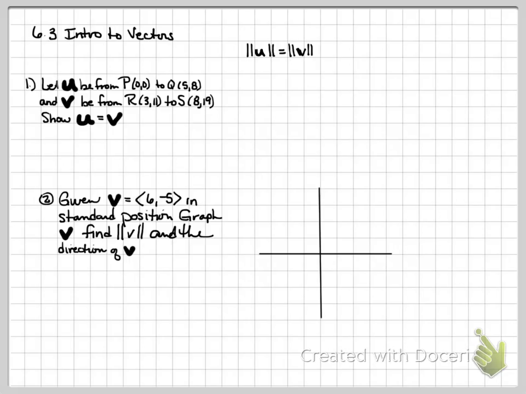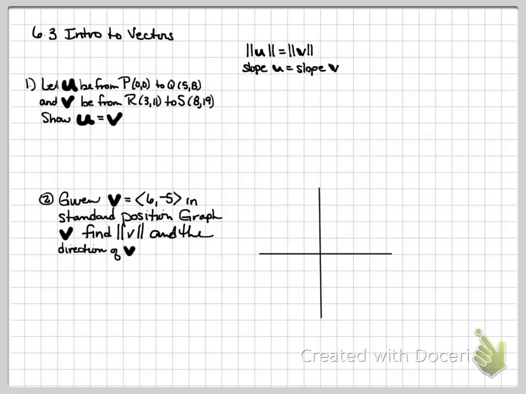So we need to show that the slope of u equals the slope of v. Okay? Those are the two things we need to do. So it's really important that you pay attention to where your vectors are.